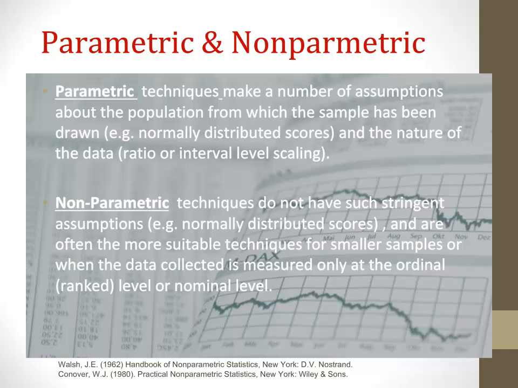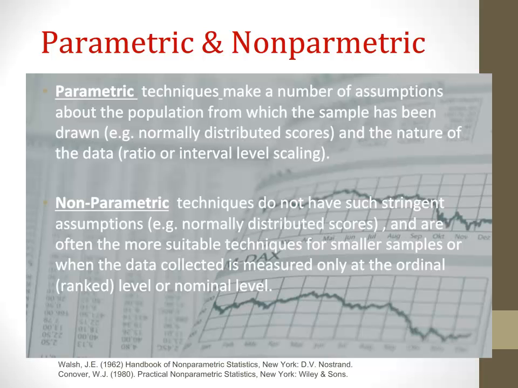So, what does this mean for us? Well, you conduct a nonparametric statistic if you have nominal or ordinal data. But when working with ratio or interval level data, as we've already said, you plan to use a parametric analysis.